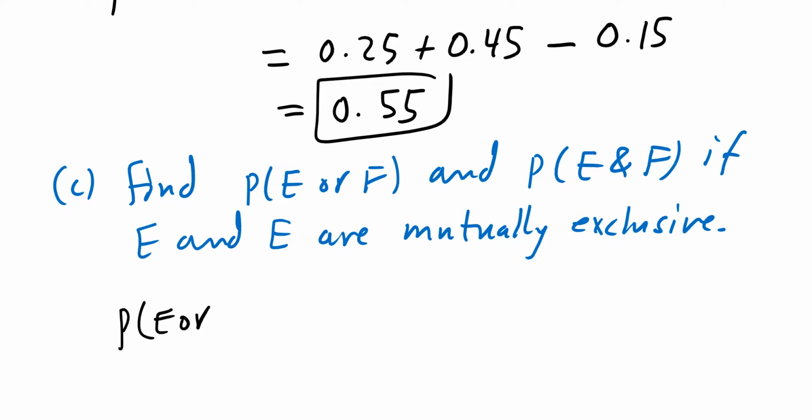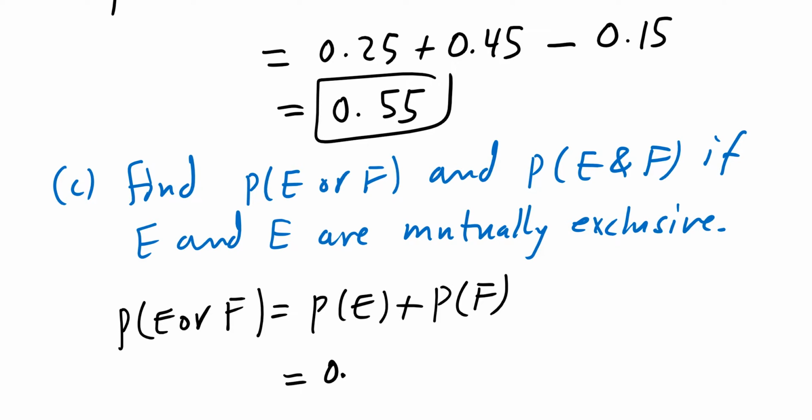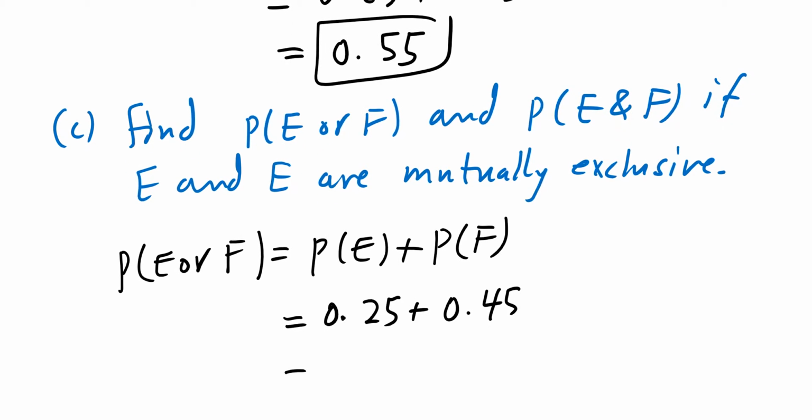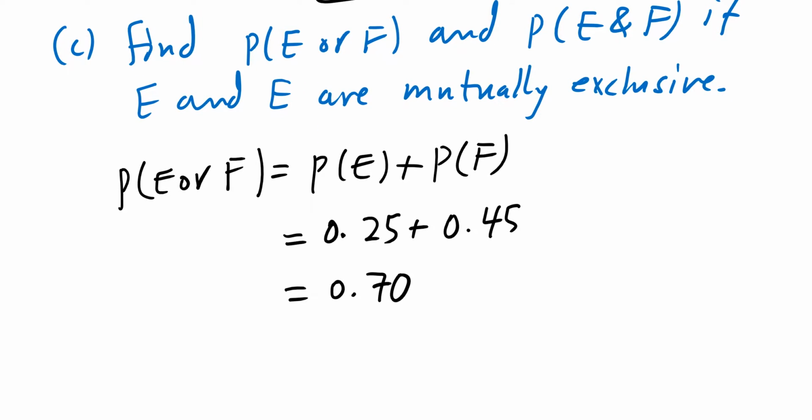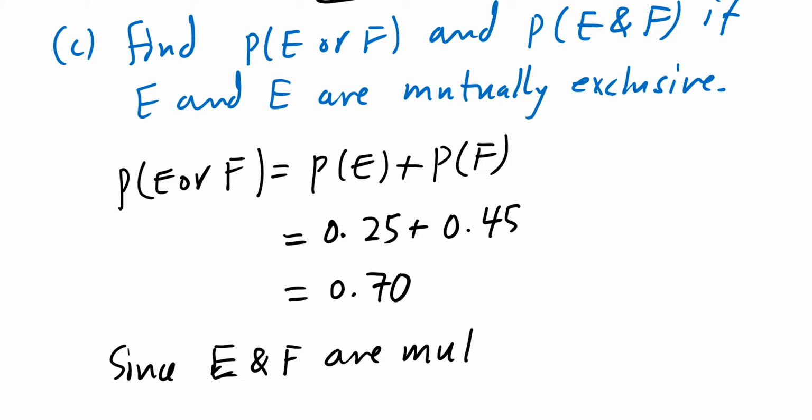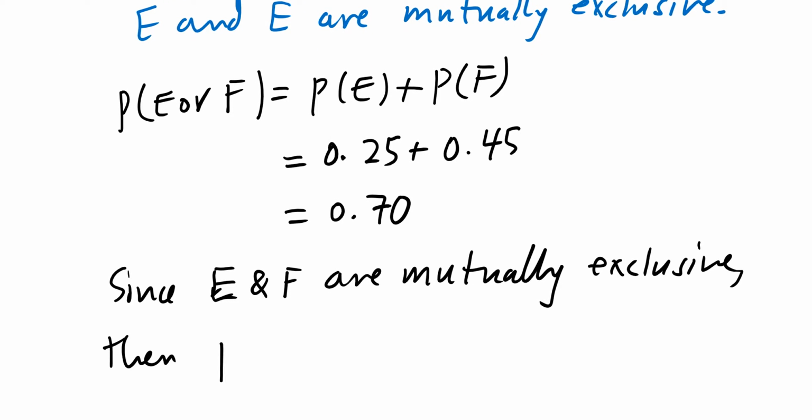Since they are mutually exclusive, the probability of E or F is simply the probability of E plus the probability of F. This was 0.25 plus 0.45, which gives us 0.70 or 70%. Since E and F are mutually exclusive, the probability of E and F is 0. They share nothing in common.